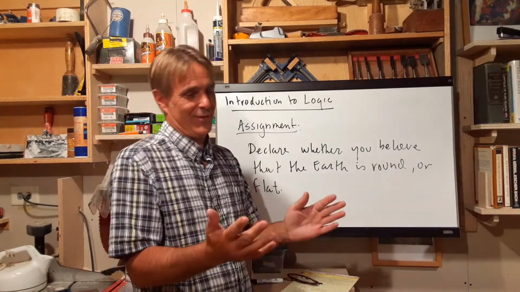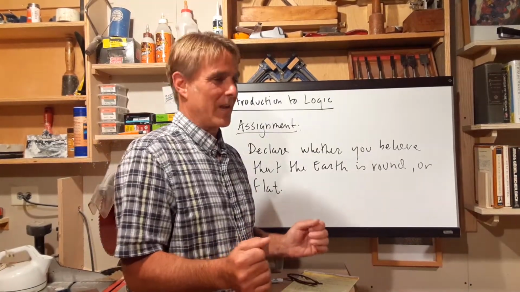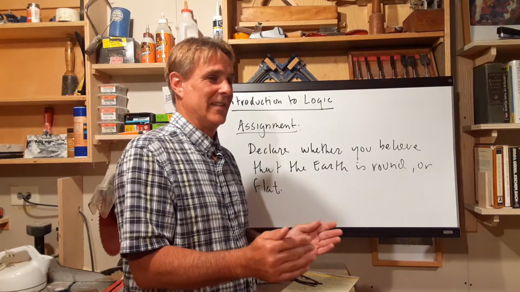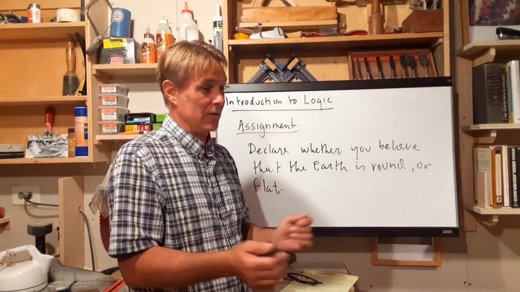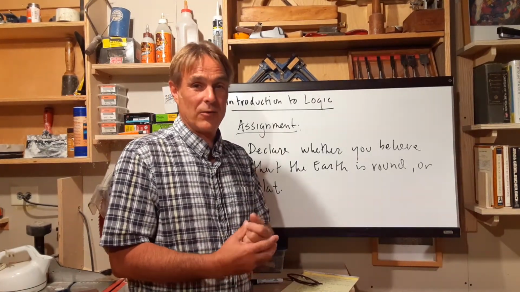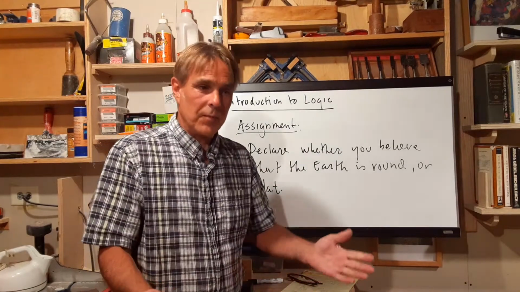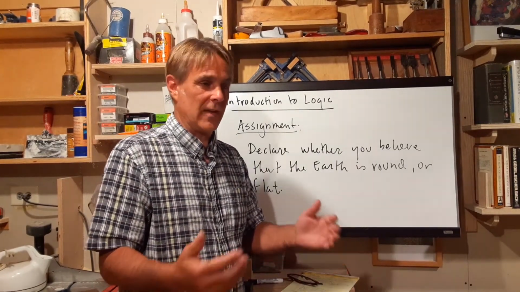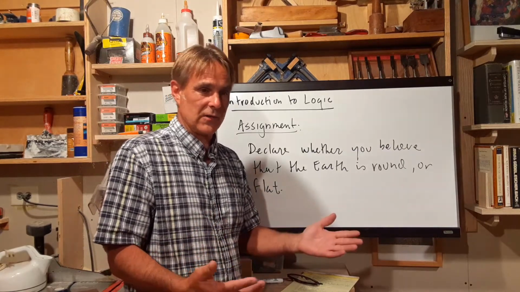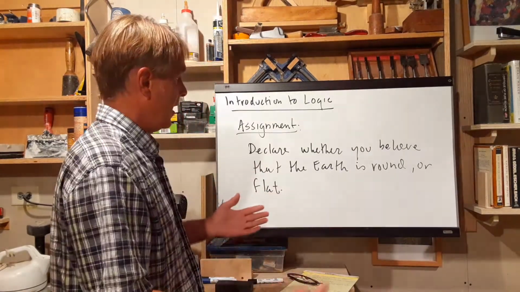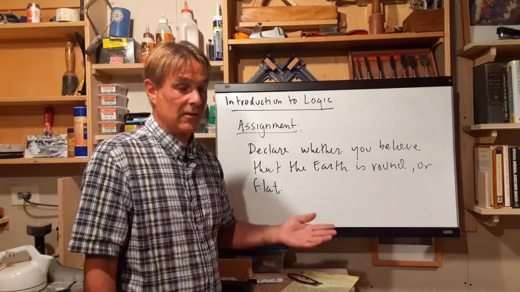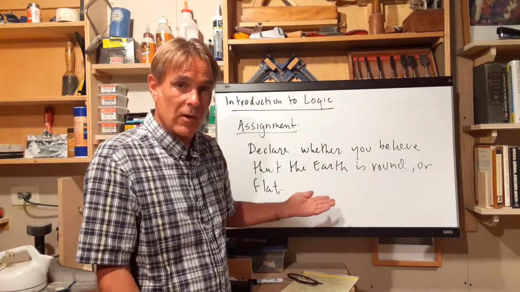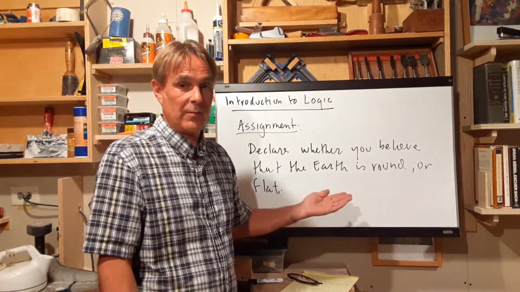Statement 3, it looks round in the picture, and statement 4 is, therefore, the conclusion: the Earth must be round. Now, the real interesting part of this is, is that a complete set of premises? Is that all you need to say? Is there more to say? What else could be said? Because you might take the opposite tack. You might say, well, the Earth is flat, and you might assemble statements there.